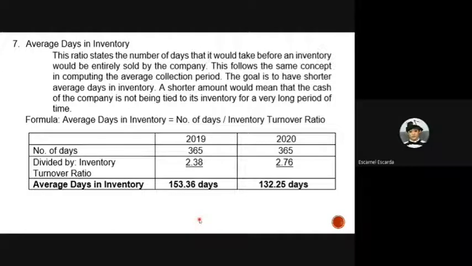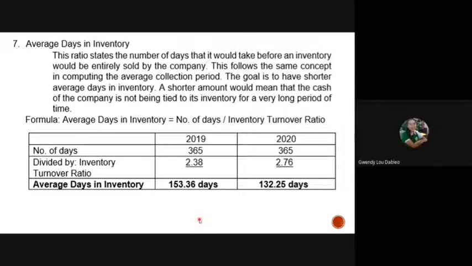This follows the same concept in computing the average collection period. The goal is to have shorter average days in inventory. A shorter amount would mean that the cash of the company is not being tied to its inventory for a very long period of time. Formula: average days in inventory equals number of days divided by inventory turnover ratio.